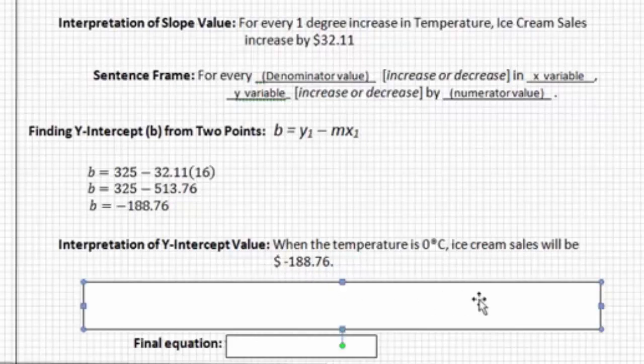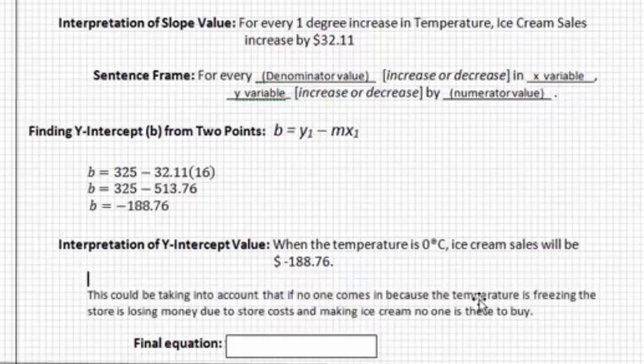But why would I end up with a negative y-intercept here? Why would my sales be negative when the temperature is 0? So this could be taking into account that if no one comes in to the store because the temperature is freezing, the store is losing money due to the store costs, just keeping the lights on and keeping an employee in there, and making ice cream that no one is there to buy. So it would make sense that the B value would be negative for this trend line.